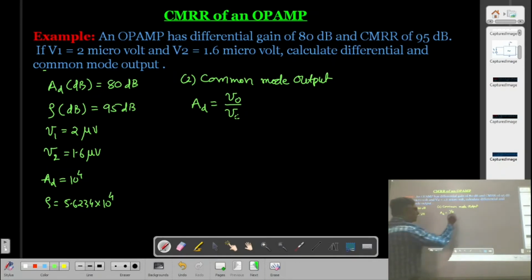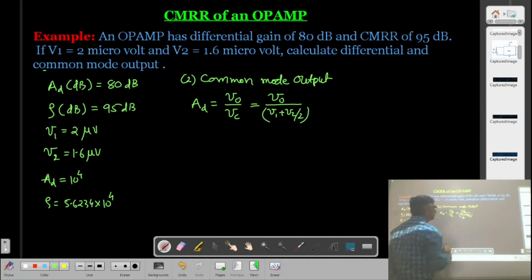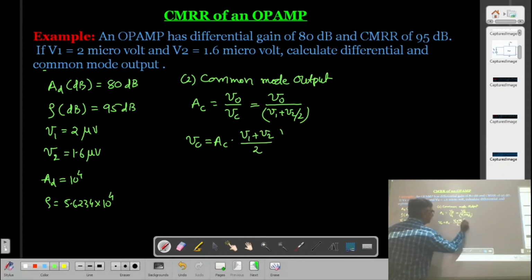What is a common mode signal? It is V1 plus V2 divided by 2. And therefore, here this is not AD, but it is AC. So the output voltage is equal to AC into V1 plus V2 divided by 2.